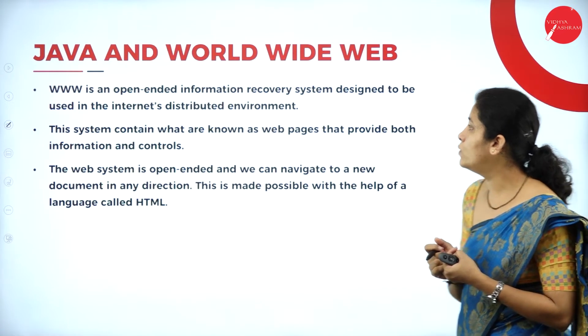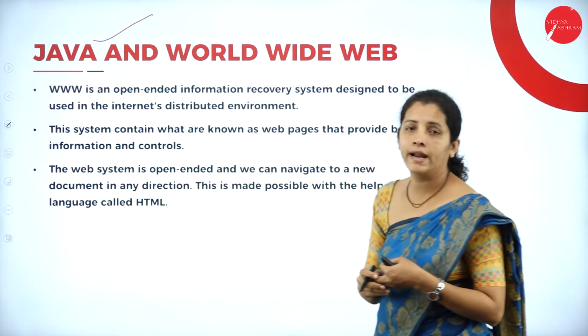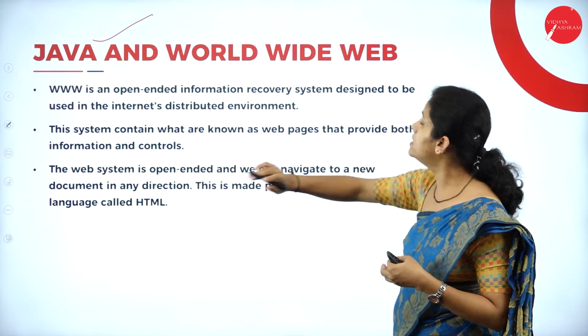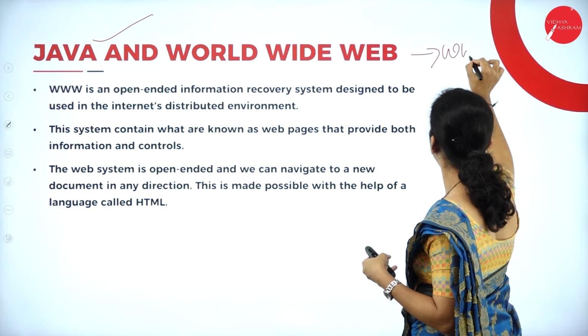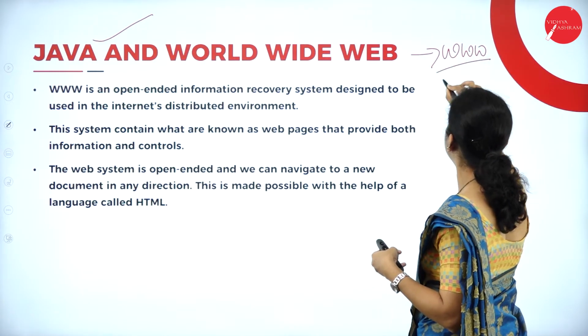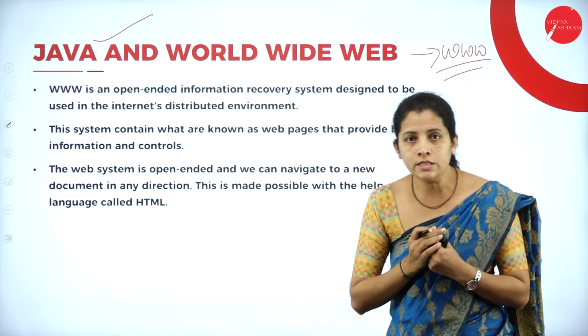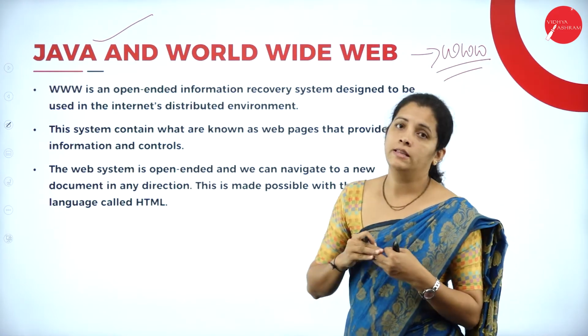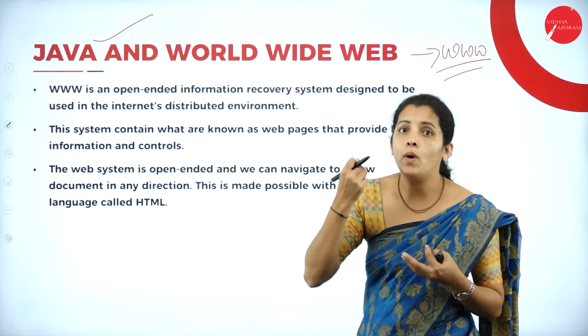Moving further, I'm going to have Java and World Wide Web. So what is World Wide Web? That is nothing but the www. So what is www? It is nothing but the repository. So what is repository? That is nothing but the storage of web pages and websites.